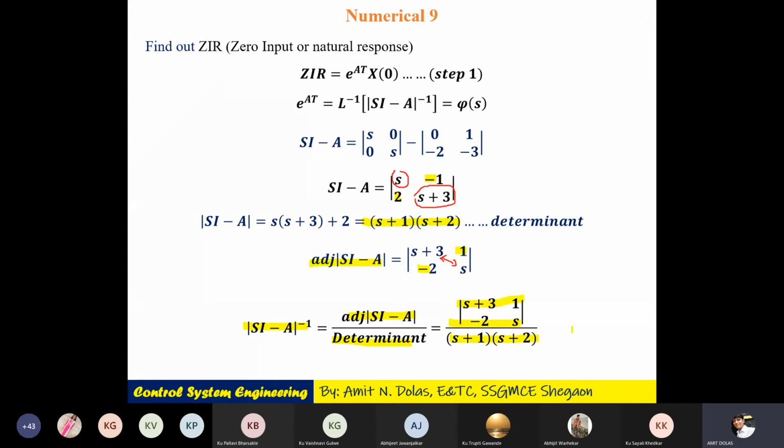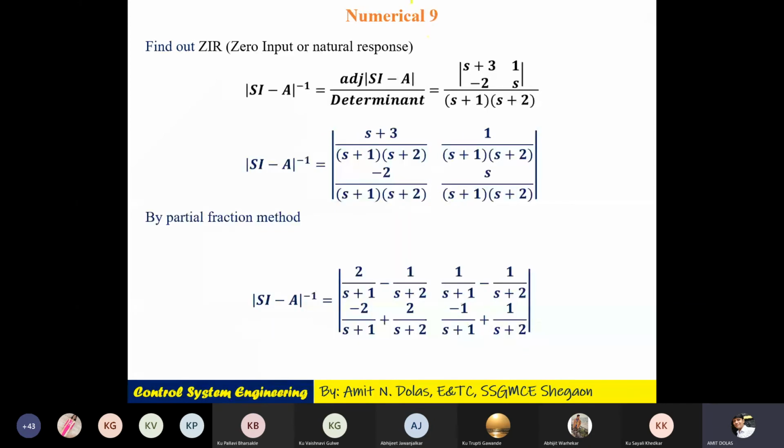So what will the final output be? The final (sI minus A) inverse will be this. So it will be s plus 3 divided by (s plus 1)(s plus 2), and in the same way, 1 over the same determinant, minus 2 divided by the determinant, s divided by the determinant.